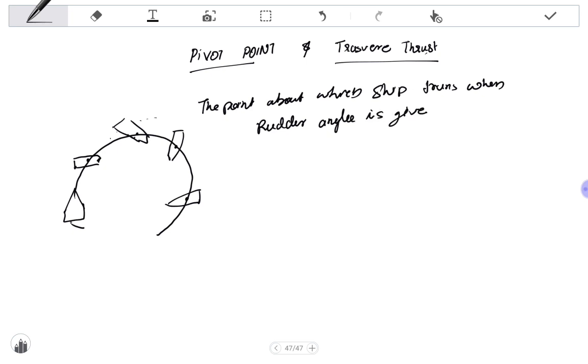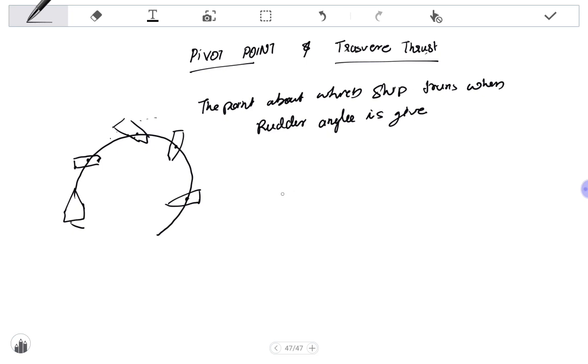Okay, so this pivot point determines what will be the path of the ship. So that is called the pivot point. Every ship has a pivot point. But this pivot point is not a stationary point. It can shift forward or aft.